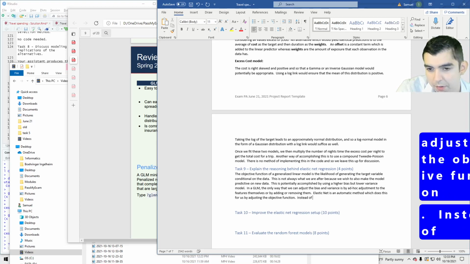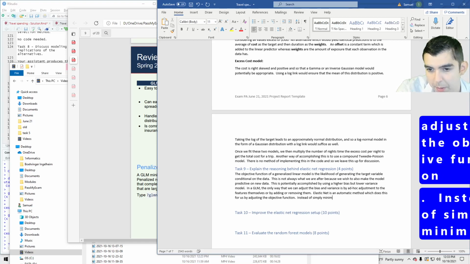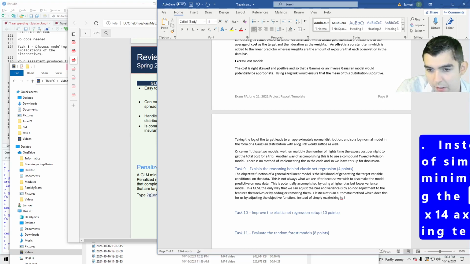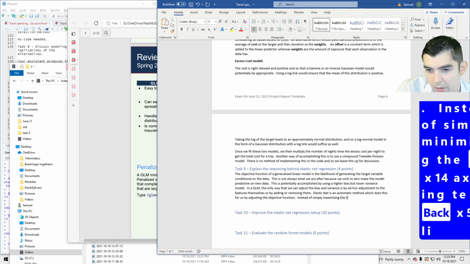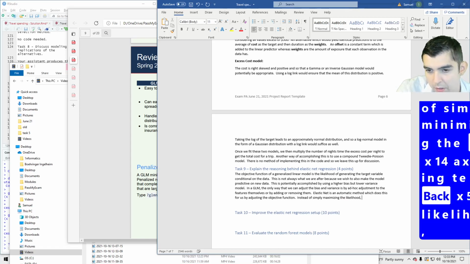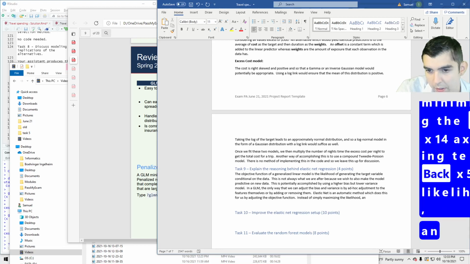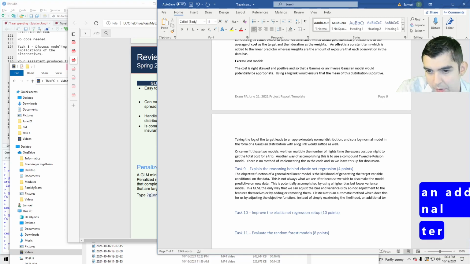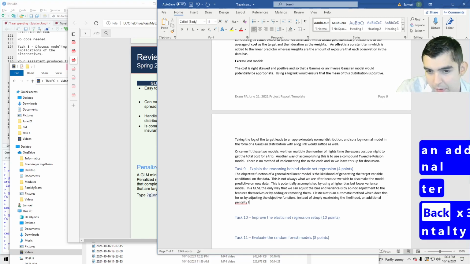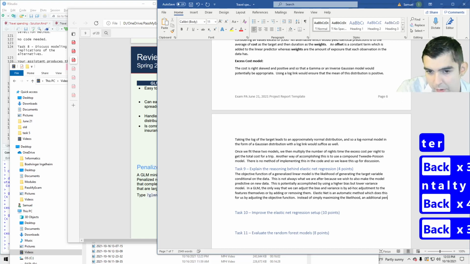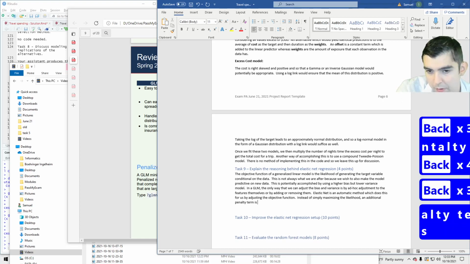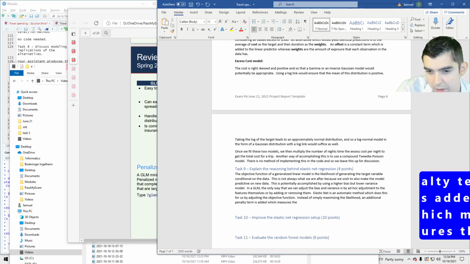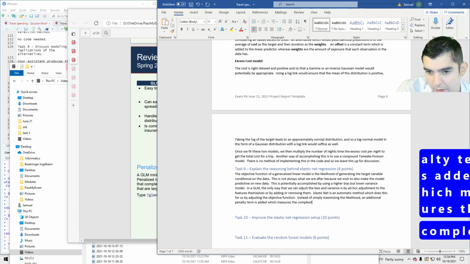Instead of simply minimizing or maximizing the likelihood, an additional penalty term is added, which measures the complexity of the model.